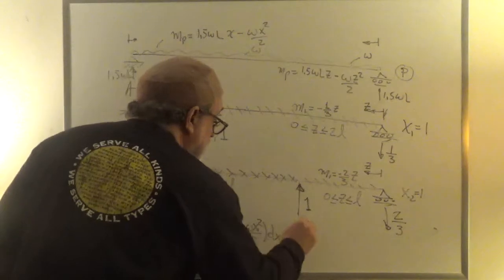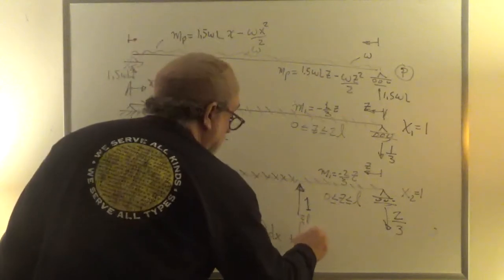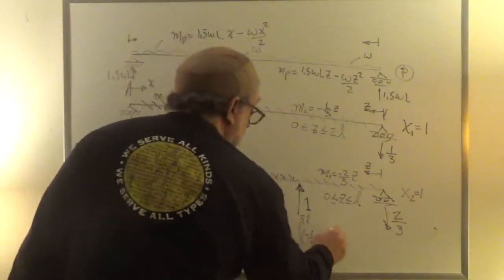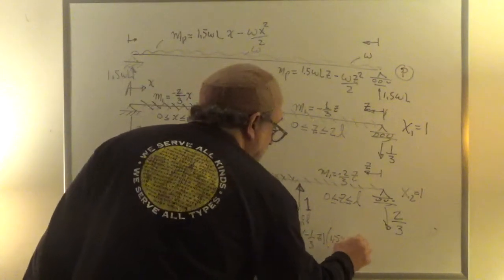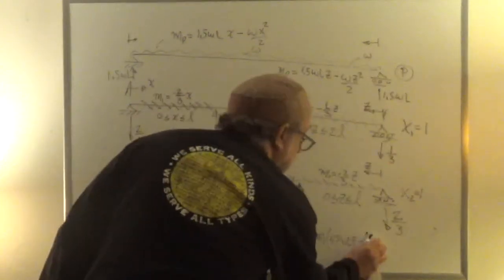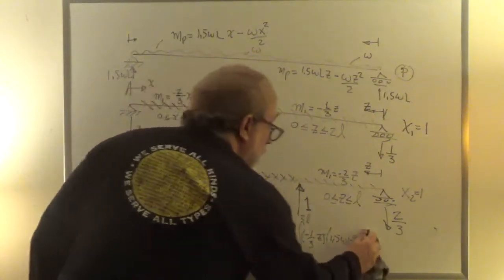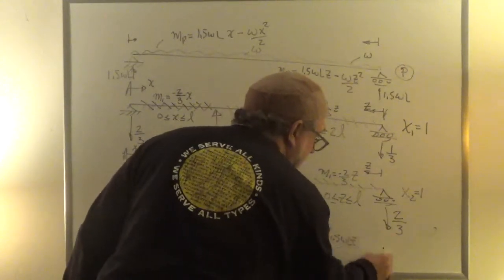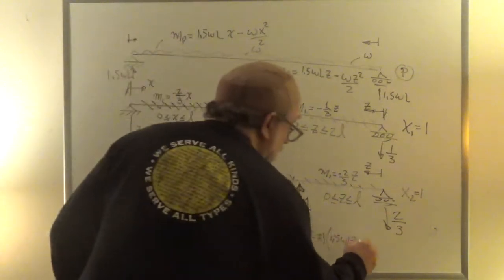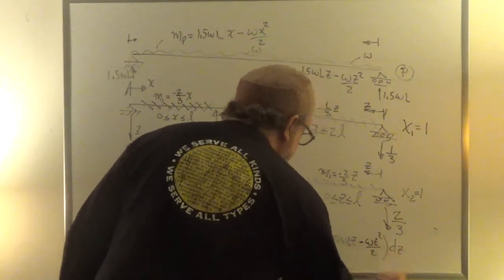So I have from 0 to 2L, M1, which is minus 1/3 of z, multiplied times MP, which is 1.5 WL times z, minus W times z squared over 2 dz, right?